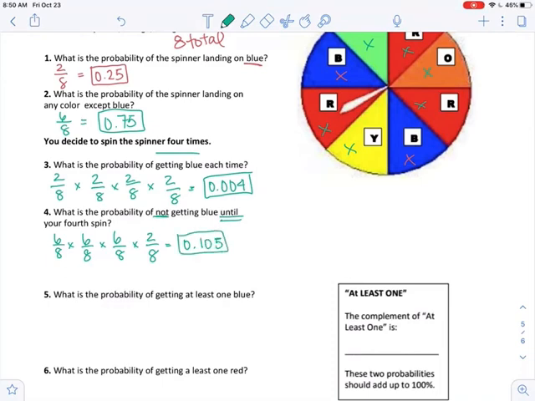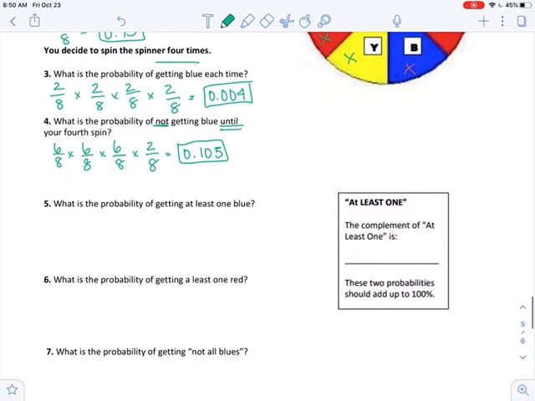Now we're going to look at at least 1. The complement of at least 1 is none. So these 2 probabilities should add up to 100%. These are kind of like 2-step problems whenever you see at least 1. The first thing we're going to do is find the probability of none, so the probability of not getting a blue.